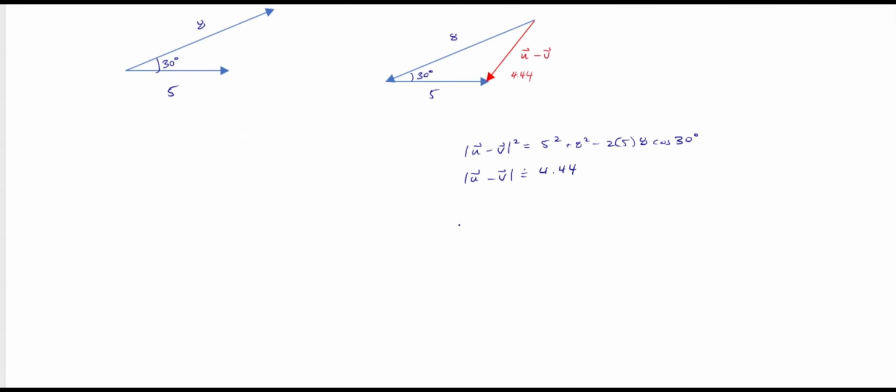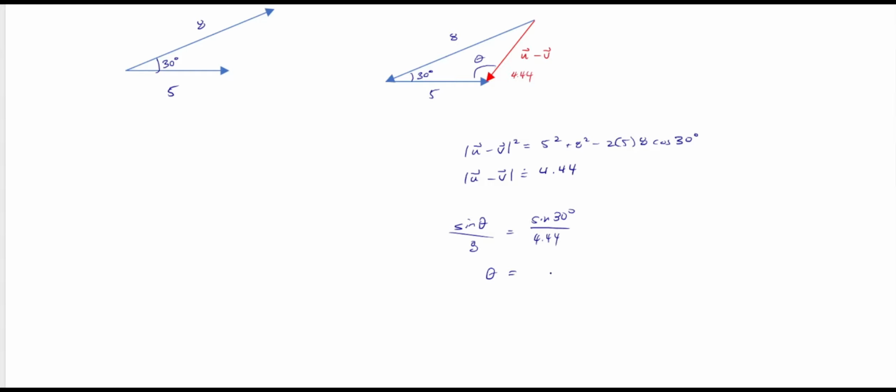All right, and then if I say sine theta, and what I mean by theta is this right here. Let's find this angle right there. Okay, so sine theta over 8 is equal to sine 30 over 4.44.